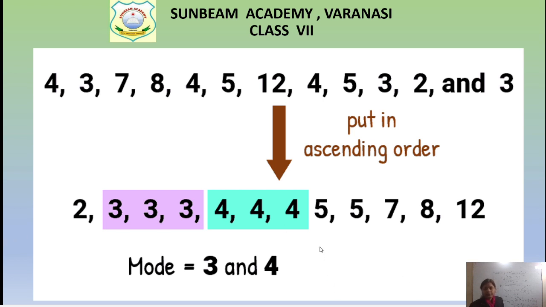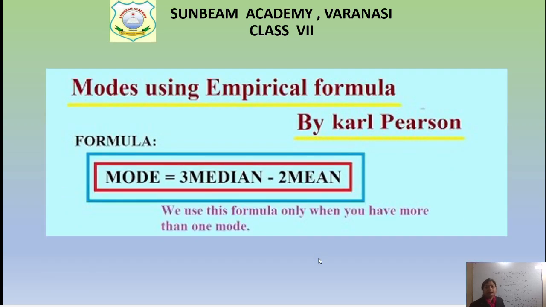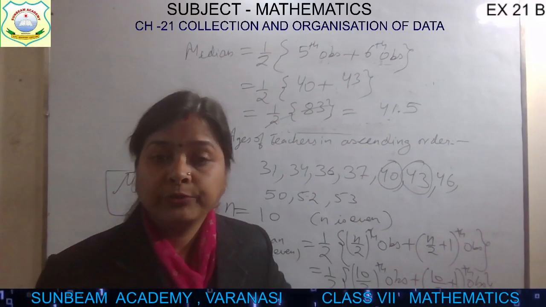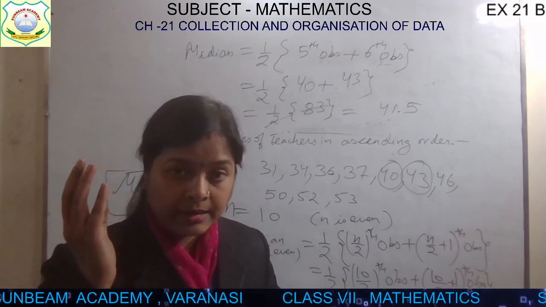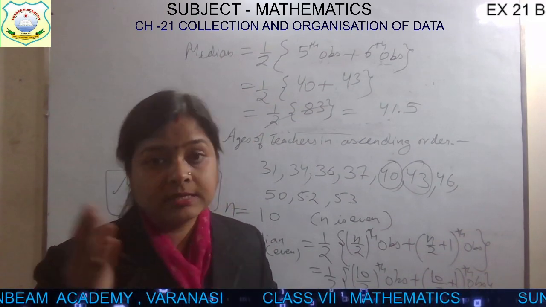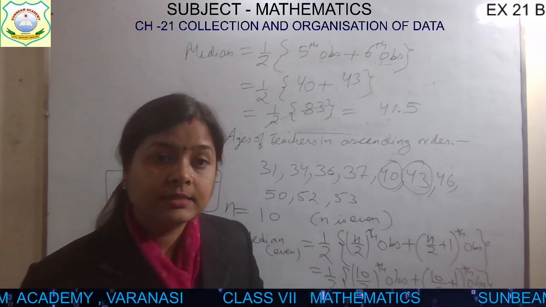Okay, now comes the empirical formula. What is the empirical formula, children? Mode is equal to thrice of median minus twice of mean. If you want to find the mode, and you have the value of median as well as mean, then we can use this empirical formula.